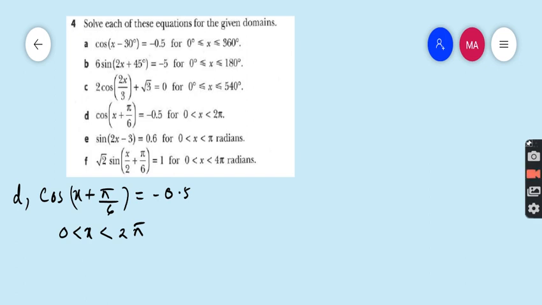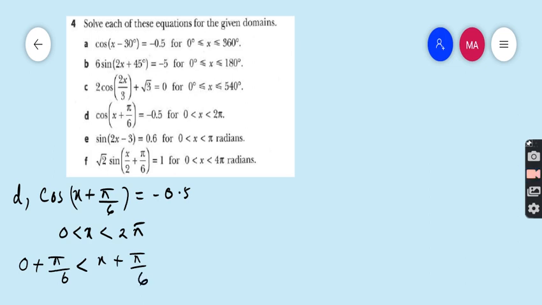First we have to convert this domain into the angle which is given in part D, that is, x should be converted into x plus pi by 6. How can this be achieved? Just add pi by 6 to all angles.